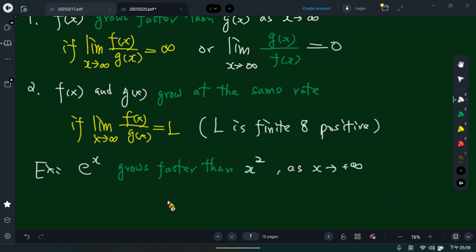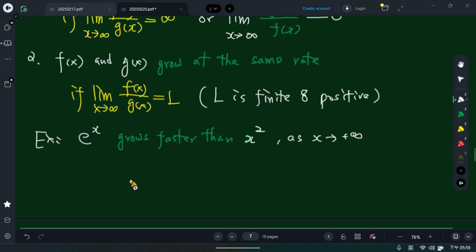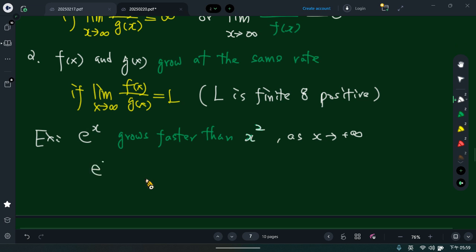To prove it, we take the ratio e to the power x divided by x squared, then take its limit as x approaches positive infinity.